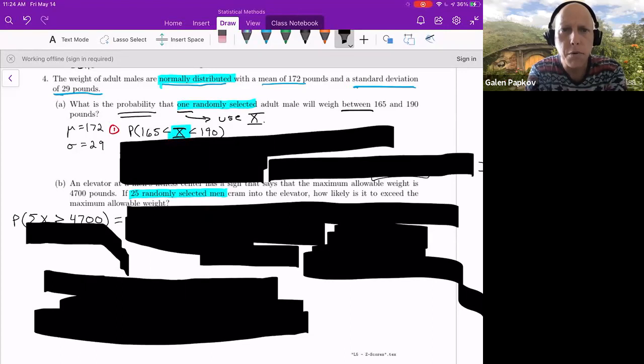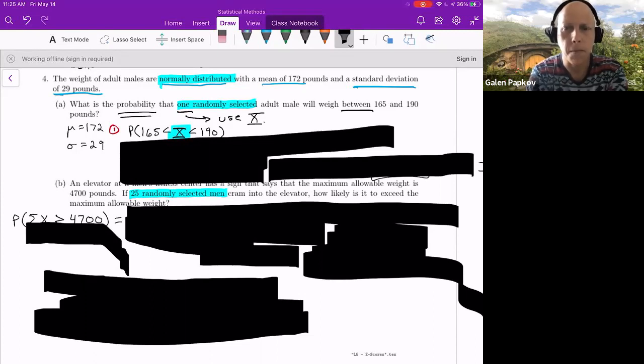For part A, what is the probability that one randomly selected adult male will weigh between 165 and 190 pounds? Well, the P statement here is the probability that X is between 165 and 190. And that's what we want to convert into z-scores. You're going to convert both sides of X to a z-score, meaning the 165 and the 190.